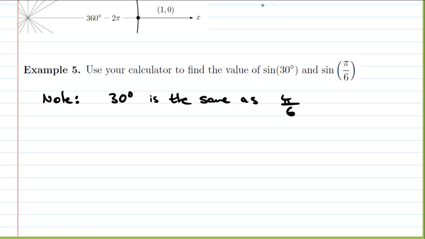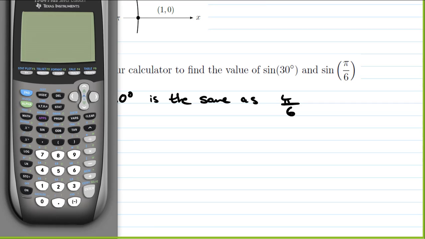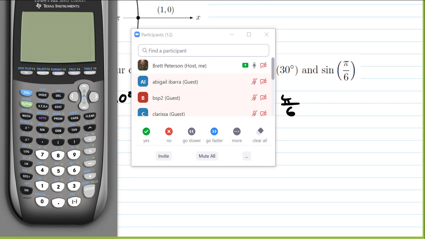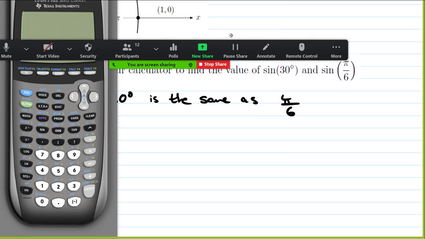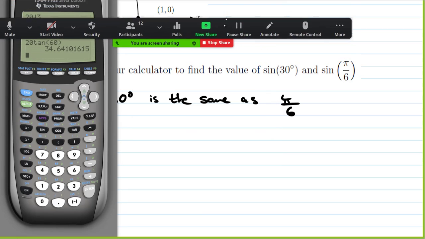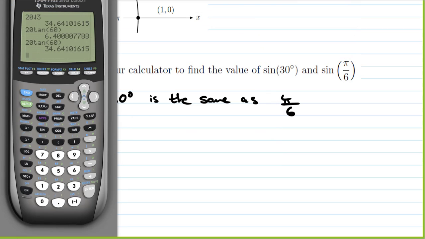So if we do this correctly, we should get the same value for sine of 30 degrees as we do for the sine of pi over 6 radians. We grab our calculator, and by default, what mode is our calculator in? If we press our mode key, unless we've changed it, by default our calculator is in radian mode.